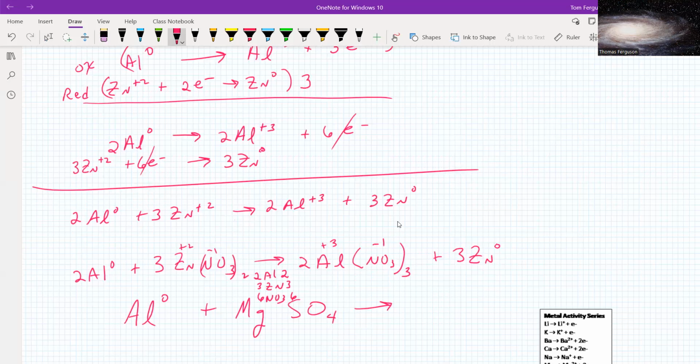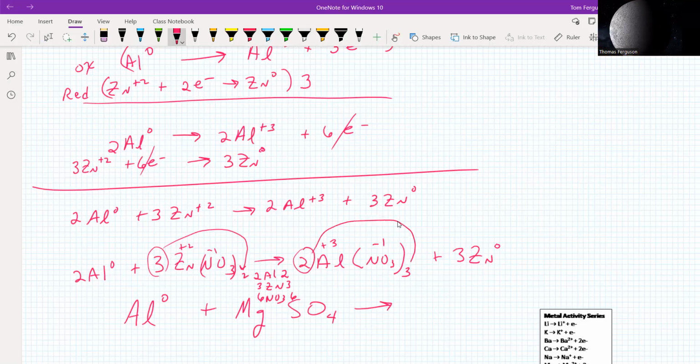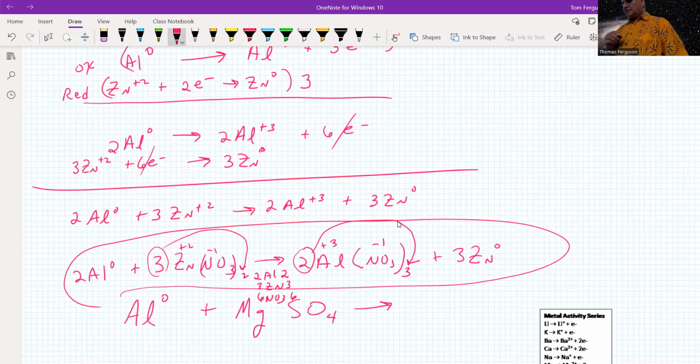The way I get that 6 is 3 times 2, 6. 2 times 3, 6. So that's our balanced equation.